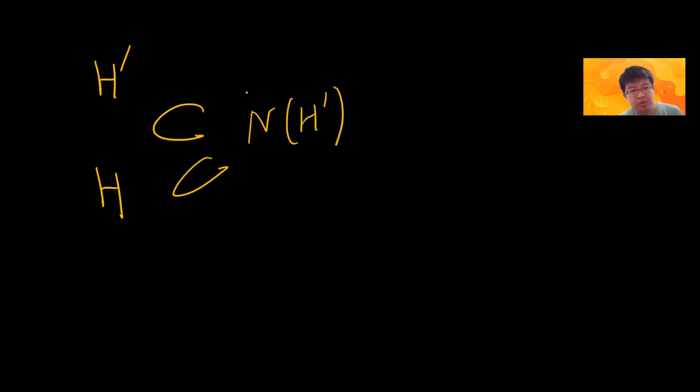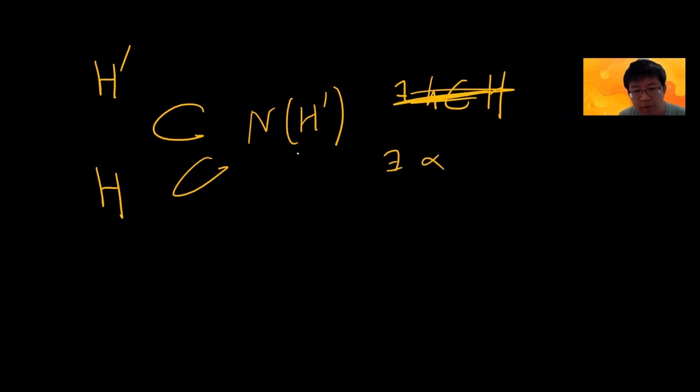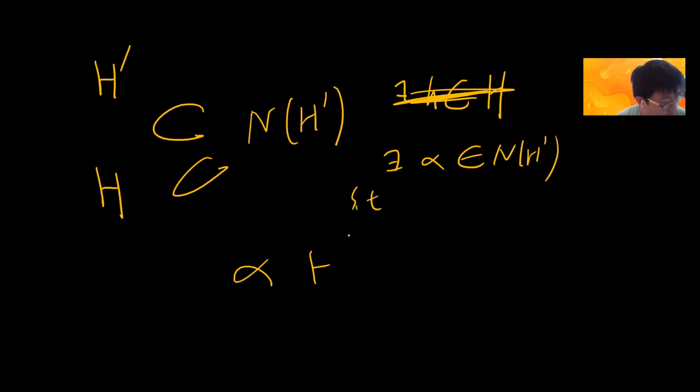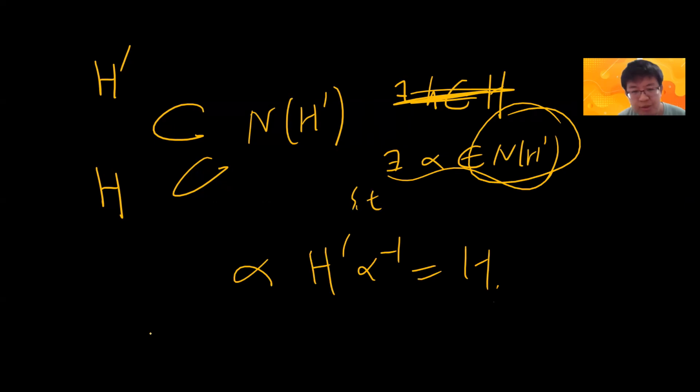That means there exists some alpha belonging to N of H prime such that alpha H prime alpha inverse is H. But alpha belongs to N of H prime, so alpha will fix H prime, so H prime belongs to H.